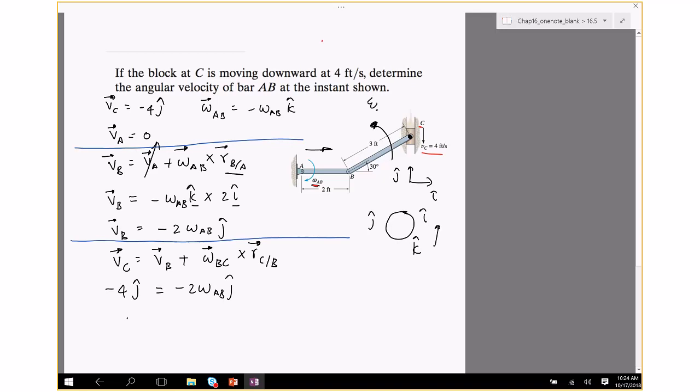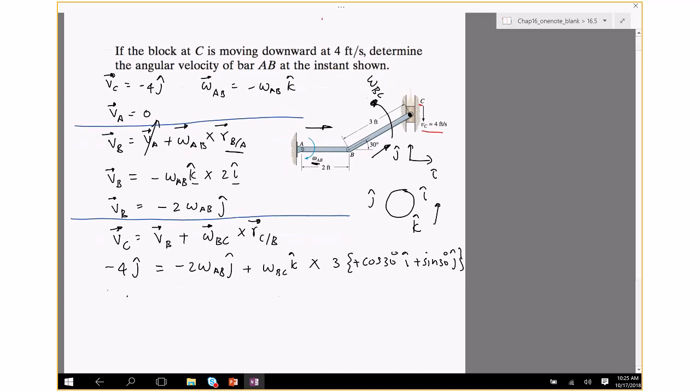So plus omega BC k crossed with the vector from B to C. The vector from B to C is oriented as shown, at 30 degrees up. The length of the vector is 3. The x component is going to be cosine 30 with the positive sign because it's pointing in the first quadrant, plus sine 30 j.